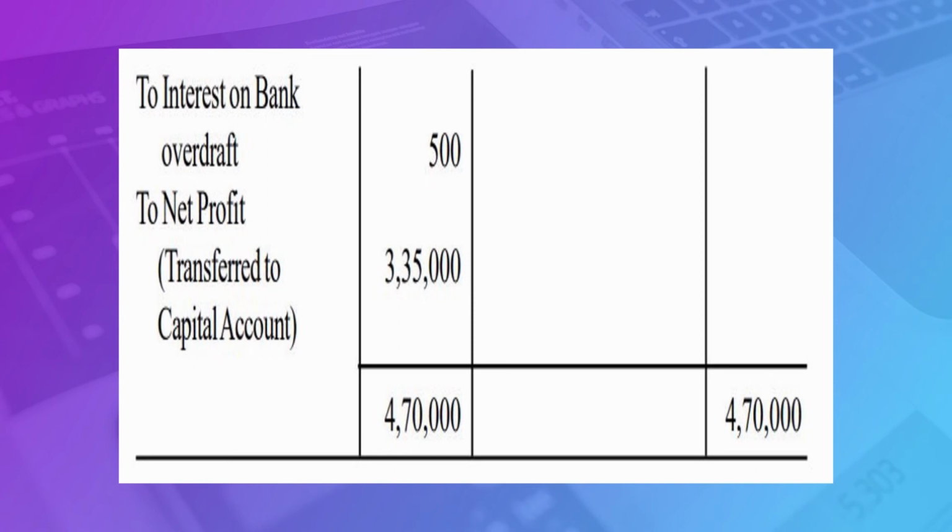So, dear learners, I had told you that if the credit side of the profit and loss account is more than the debit side of profit and loss account, we will arrive at net profits and vice versa. It means if the debit side of profit and loss account is more than the credit side of the profit and loss account, we will earn the net loss.